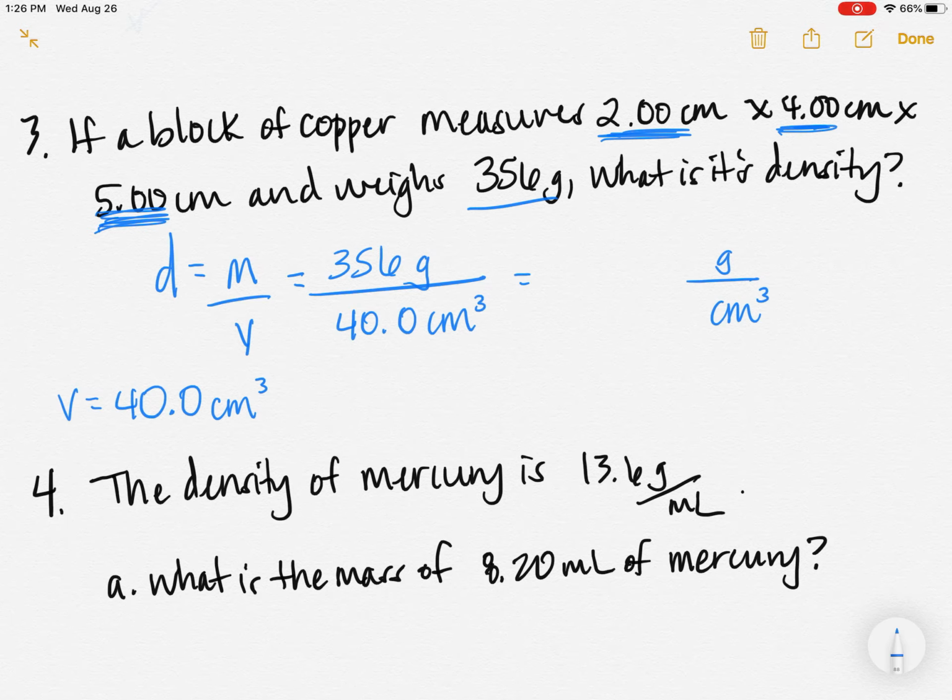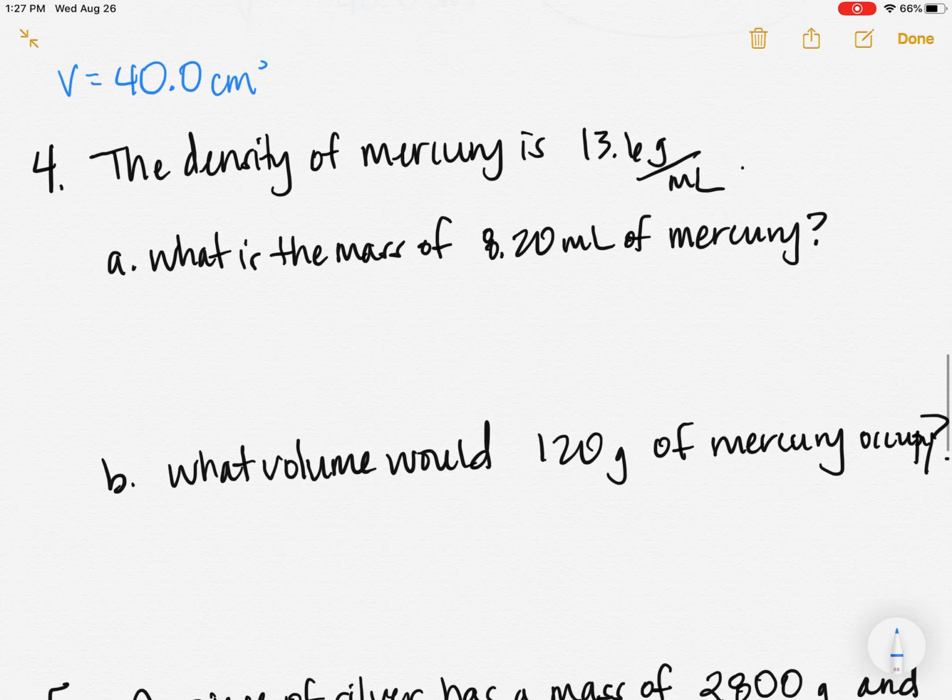This time, I would suspect that we need a calculator, and I get 8.9 as my density. But again, let's talk sig figs. 356 has 3, 40.0 has 3, so my final density needs to have 3 sig figs, so it should be 8.90 grams per cubic centimeter.